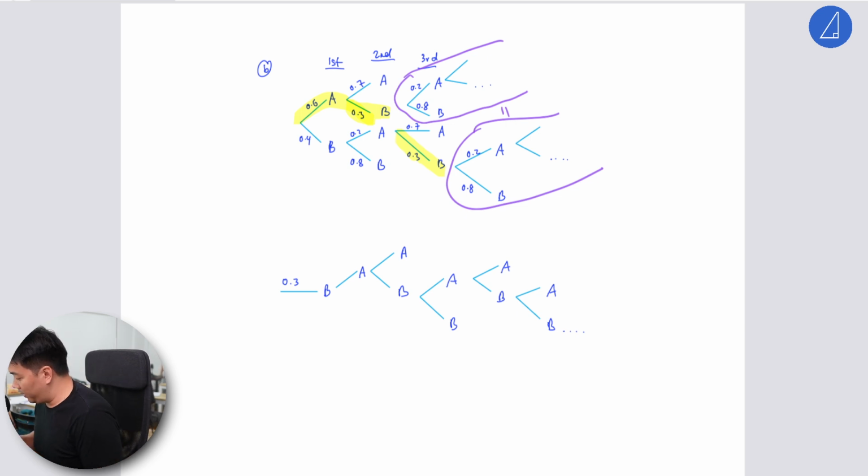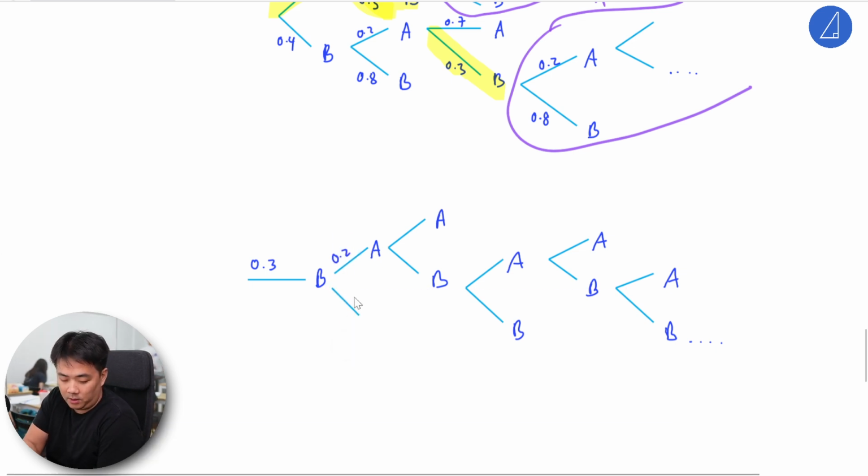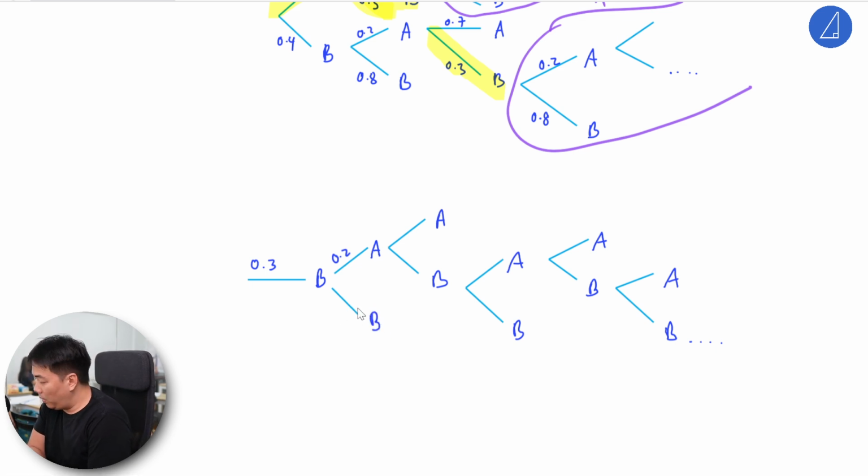So this is the tree diagram here. You know that after B wins, A has a chance of 0.2 of winning, but you don't need to calculate the BB here because B will win there, so we don't need this branch, right? But what we need here is that once A wins, this is 0.7 chance of winning, 0.3, then this is B winning, which would be 0.2, and then 0.8. But you don't need this 0.8 here. Same thing, 0.7, 0.3, then you just keep going on forever.